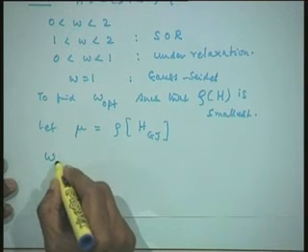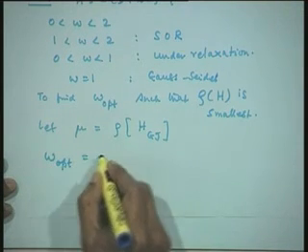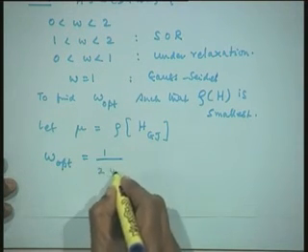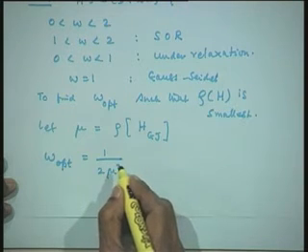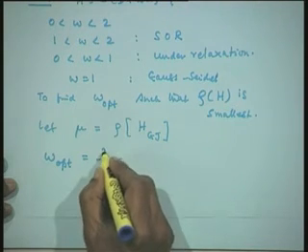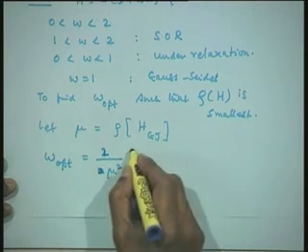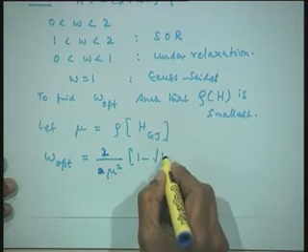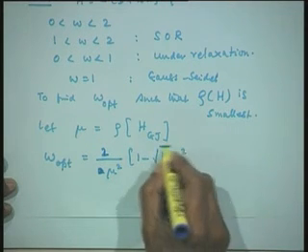Then omega optimum is given by 2 upon mu square into 1 minus under root 1 minus mu square.